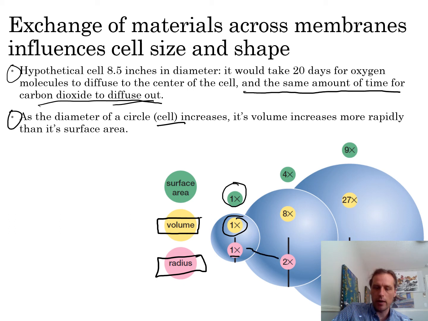Next, if we increase the radius by 2, so we double the radius, then if you do the math here, if you calculate the volume of a sphere that has had its radius doubled, you're going to find that the volume has increased by 8-fold. So that's a big problem, because that's a lot more volume, a lot more stuff inside there that needs oxygen to get to it, and may also be producing carbon dioxide or other waste products that need to get out.